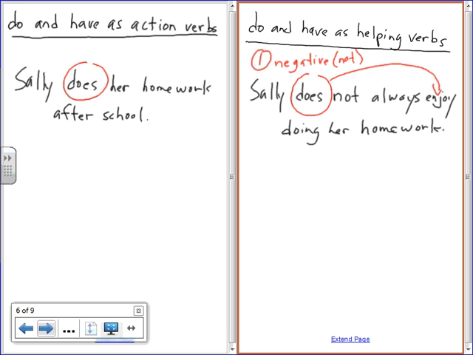Another example of a way that we can use does as a helping verb would be to form questions, as in the sentence, Does Sally ever forget to do her homework? Hopefully not.